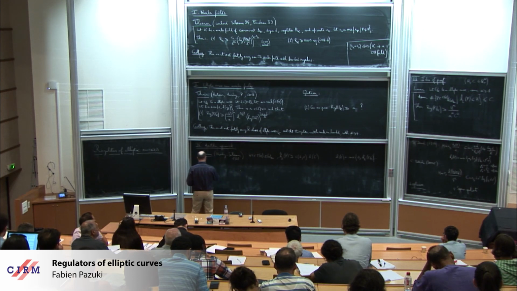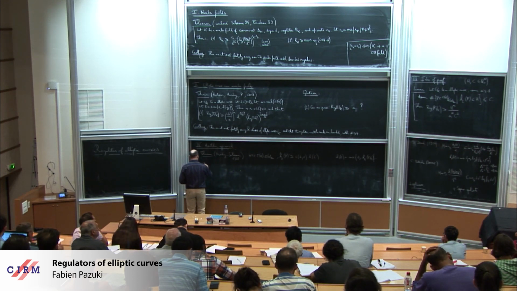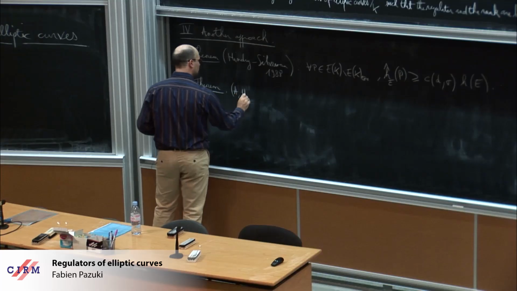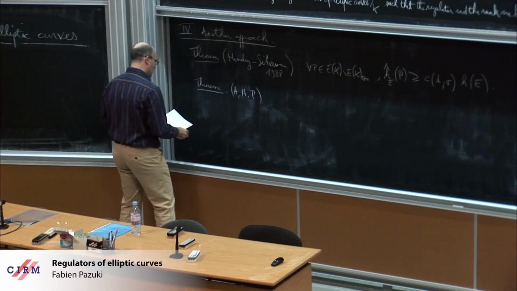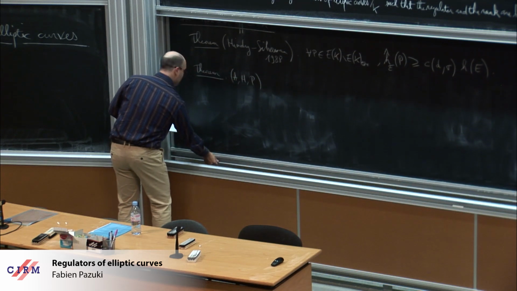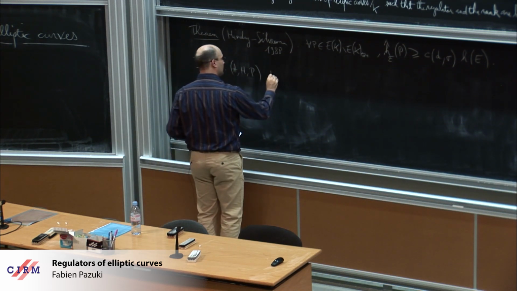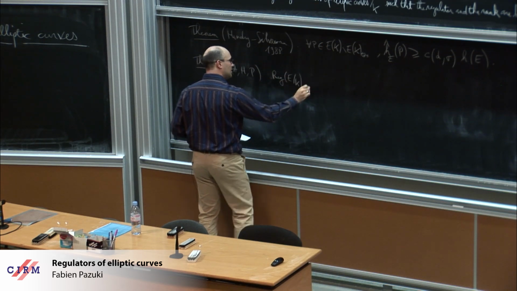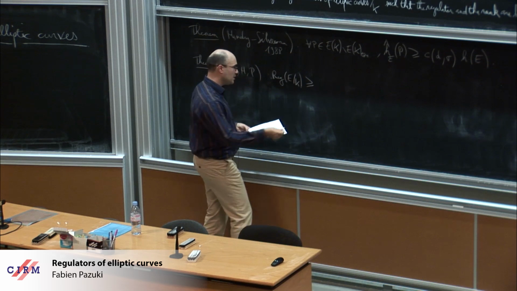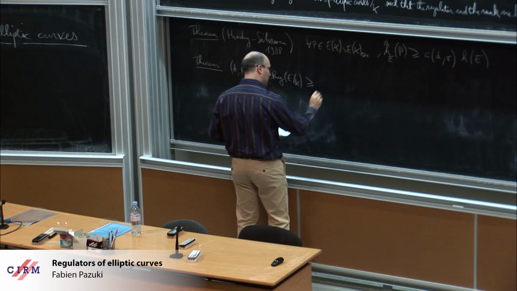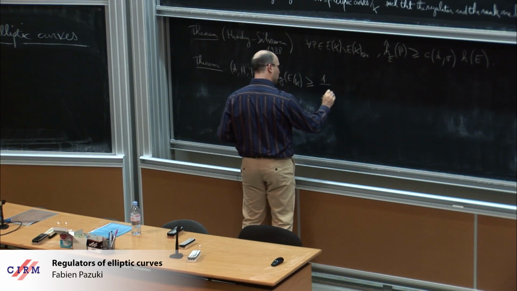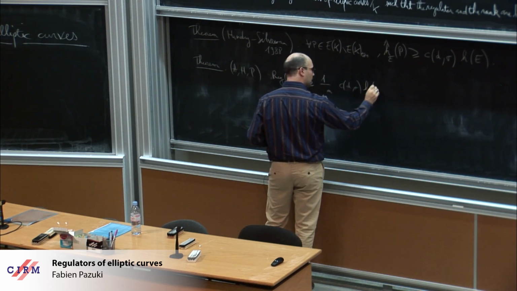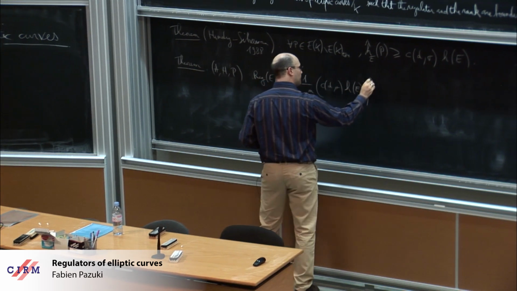So what you get as a corollary is the following. The regulator of E over K, by Minkowski's principle, will be bounded from below by 1 over m to the m, and then this quantity, height of E to the power m.